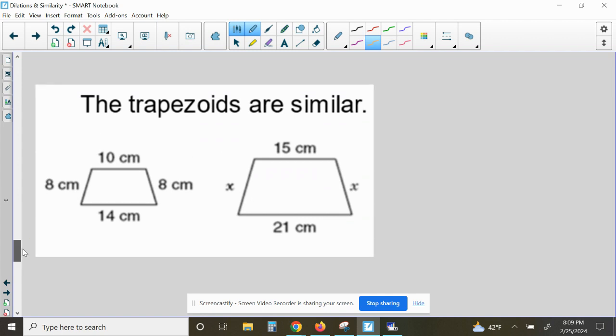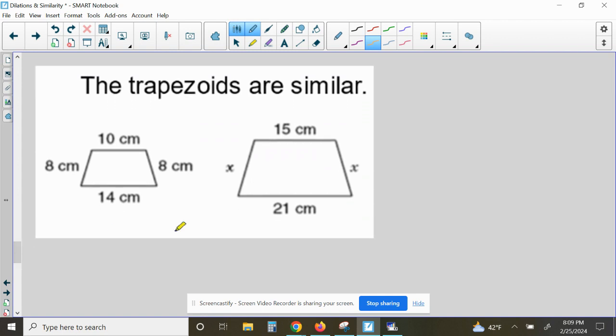Okay, and this one. These trapezoids are similar. Okay, so we're missing some stuff. So see, these ones are oriented the same way, so you could actually see what's going on. So that means this 10 matches this 15. This 14 matches this 20. So I can easily say I'm going to do the left shape over the right shape.